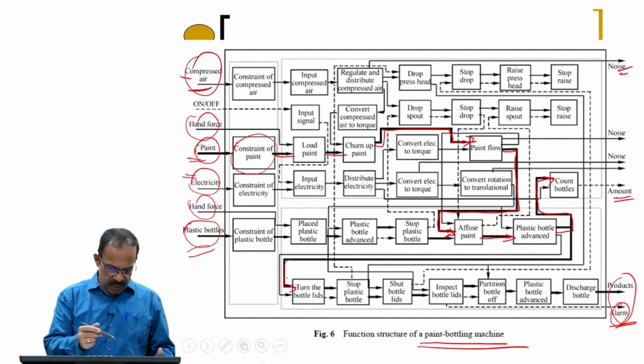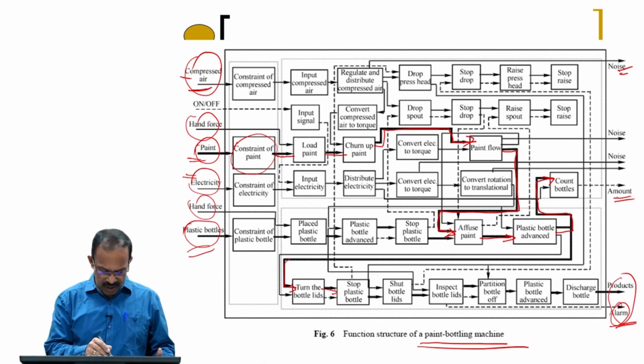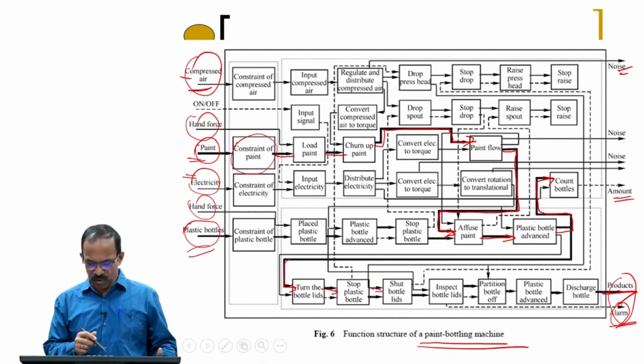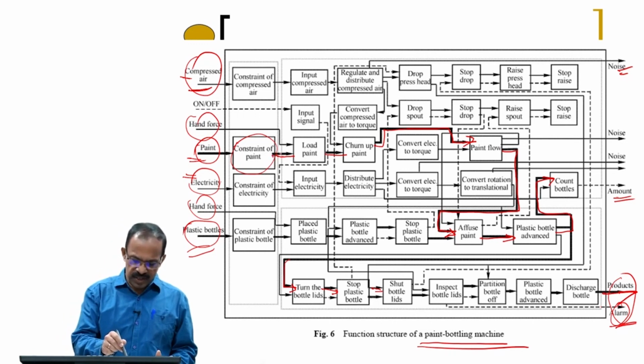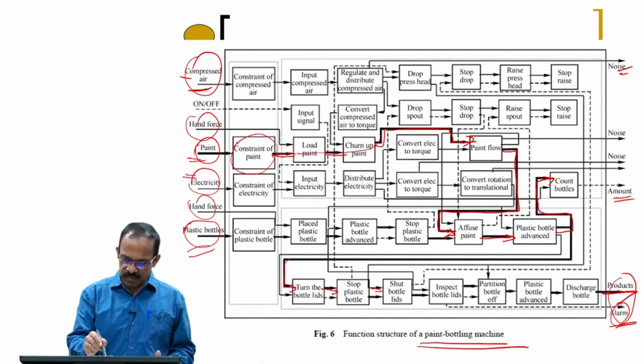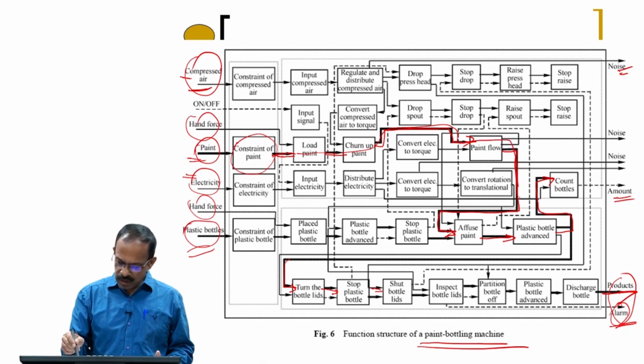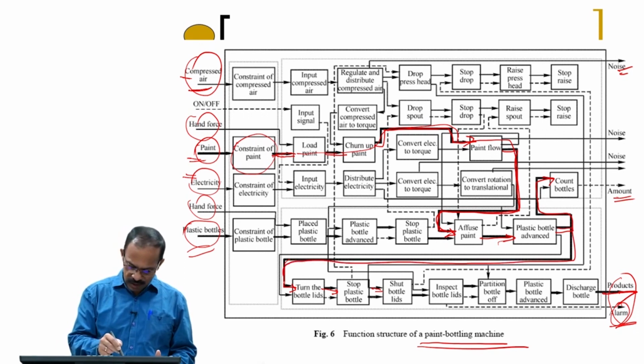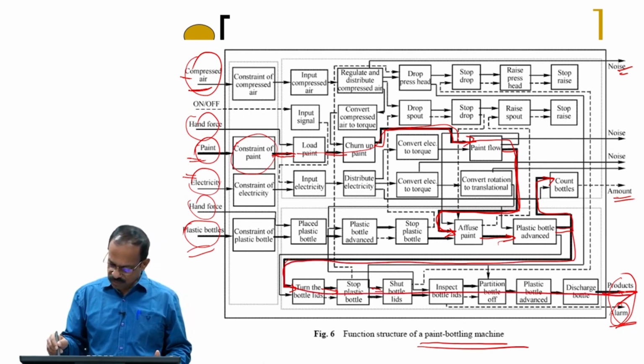This is for turning the bottle lids, closing it, and then it comes out, and the discharged bottle is coming here. So, you can see that the flow is taking place like this. So, that is the paint bottle going here and then finally coming out.